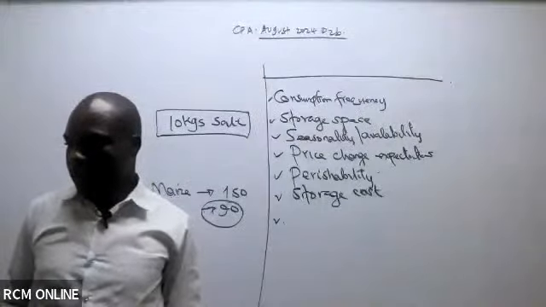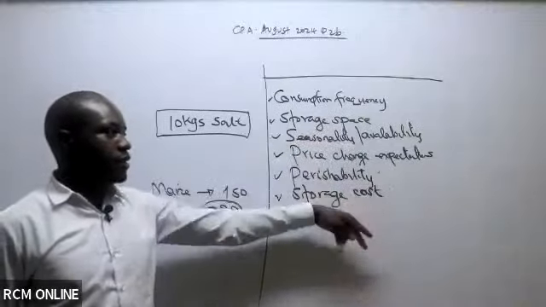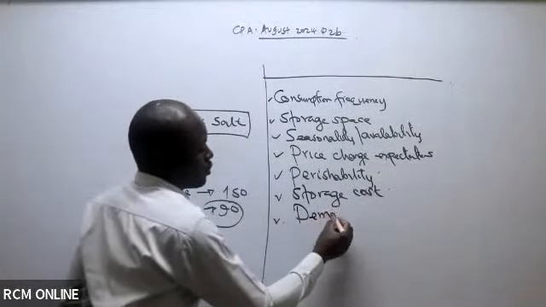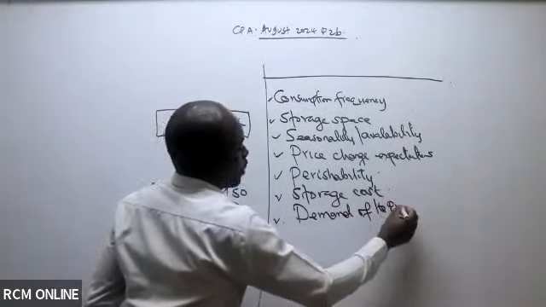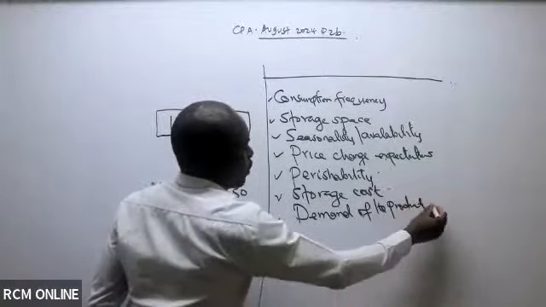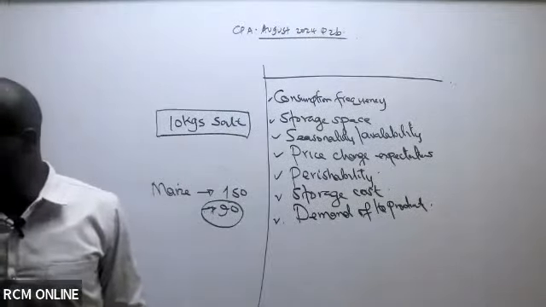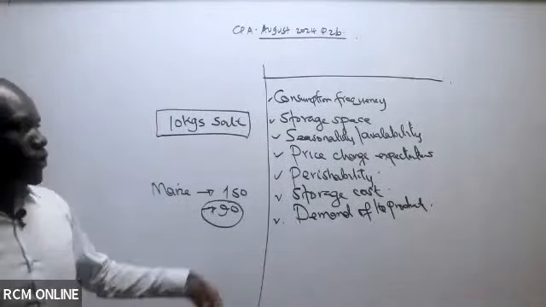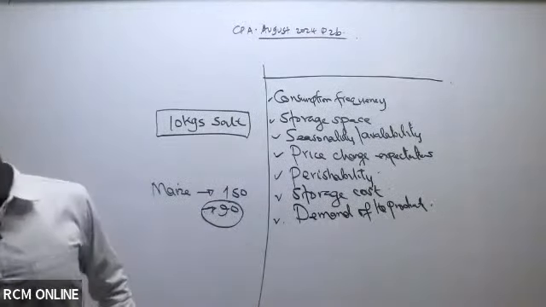Demand of the product. Good. There's another factor here which is a major one: production capacity or storage capacity.